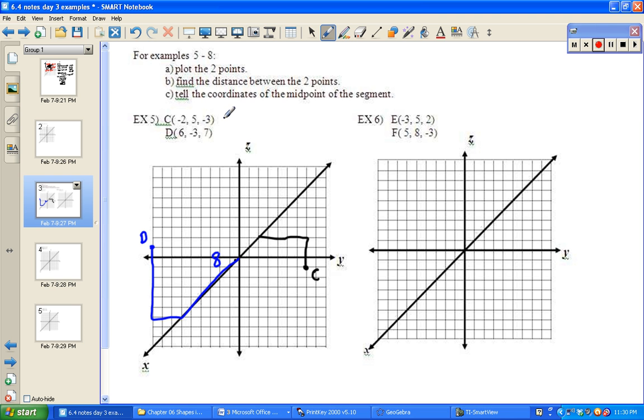So I'm going to put a little, this is called delta. The difference in the x's was 8. The difference in the y's we said was also 8 because it was 3 this way and 5 the other way.